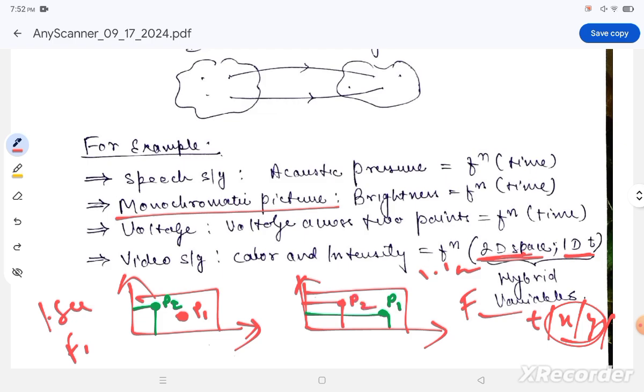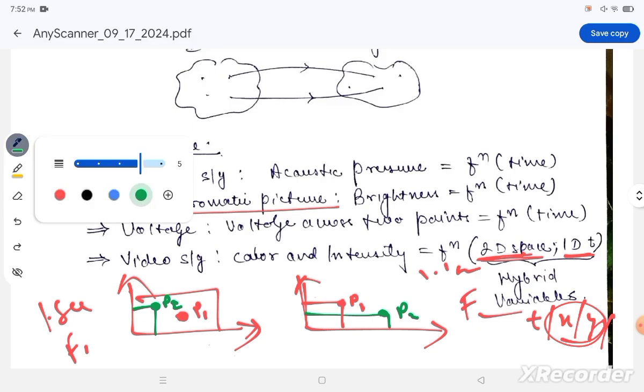Sorry, I interchanged it. Let me correct it so that you can understand it in a better way.